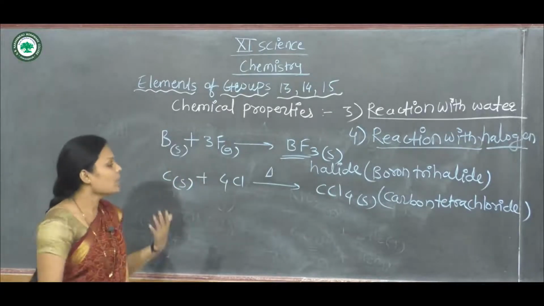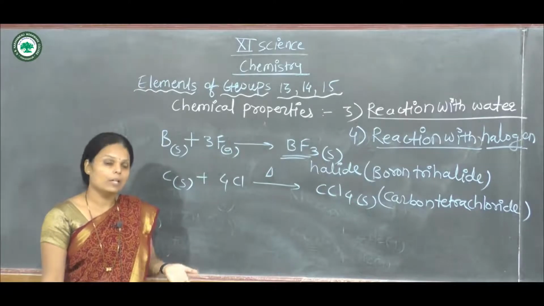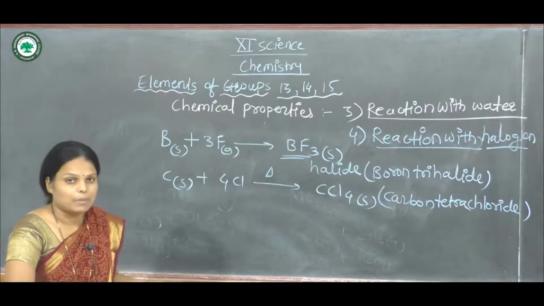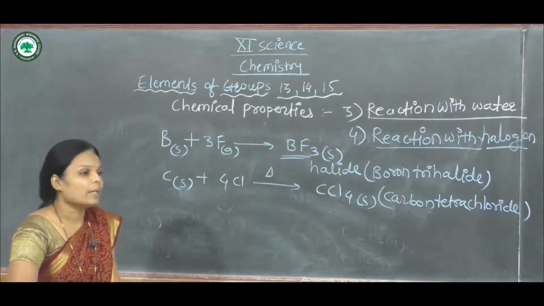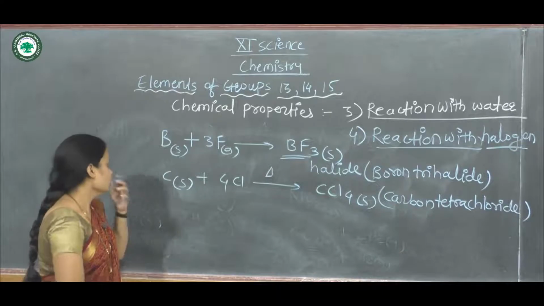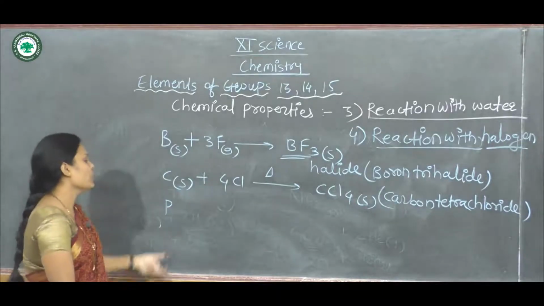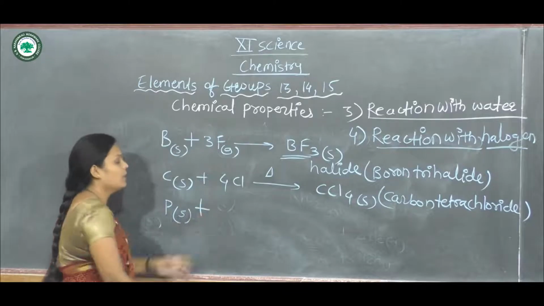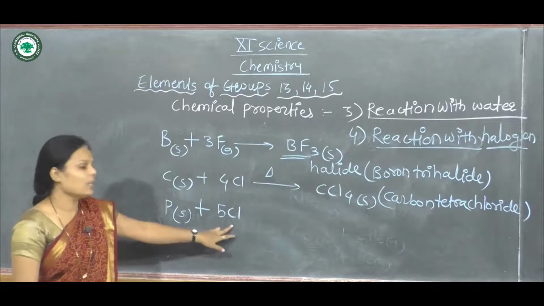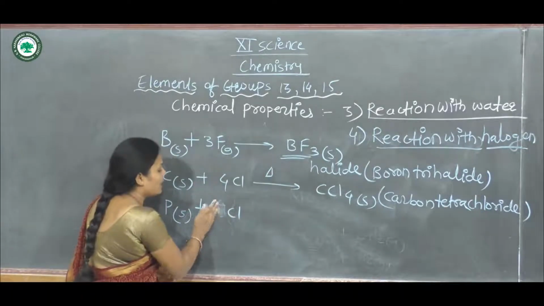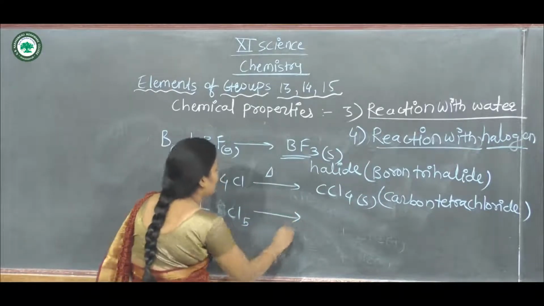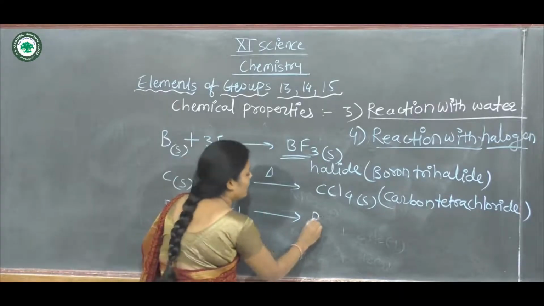Now the third group, group 15, in which there are nitrogen, phosphorus, arsenic, antimony and bismuth. All of these elements are group 15 elements. We can take any example. Here we take phosphorus. Solid phosphorus reacts with 5 molecules of chlorine, and forms PCl5.